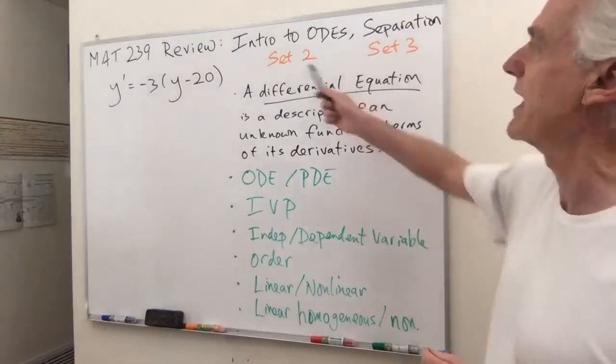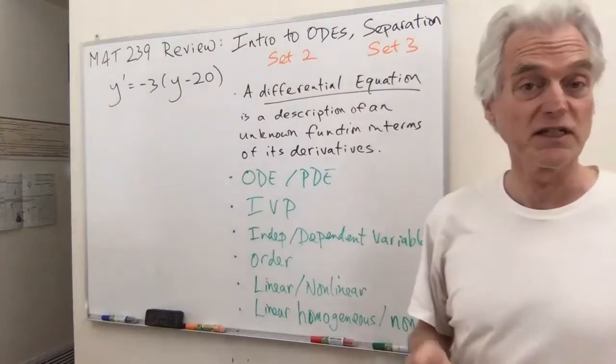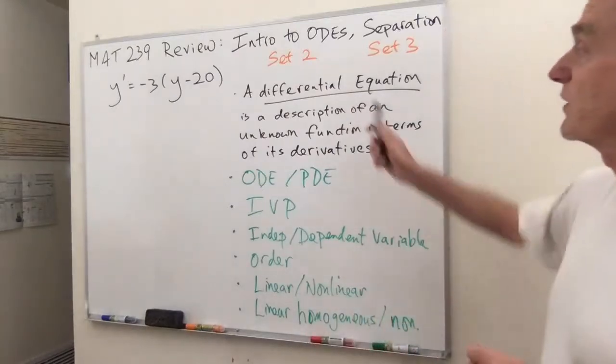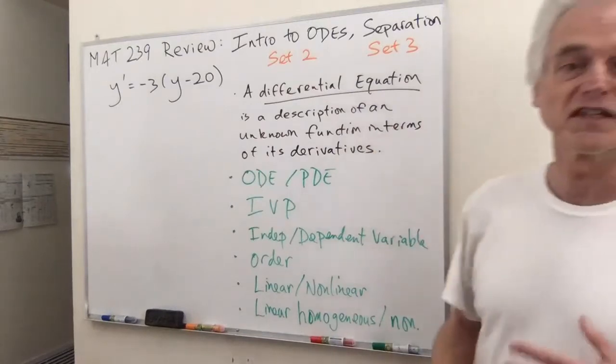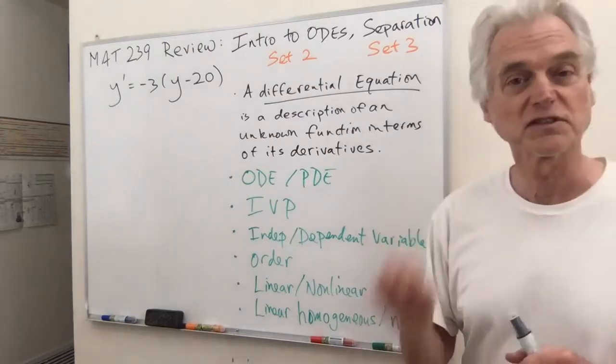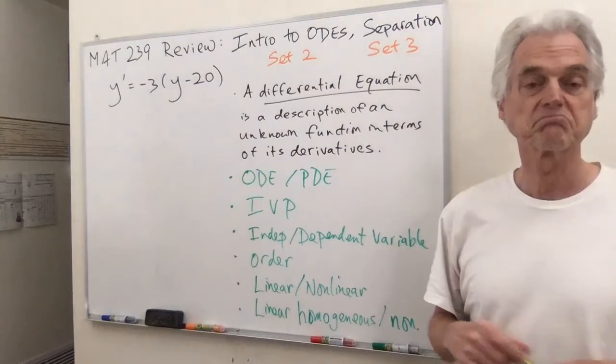So let's start right out and talk about set 2, Introduction to ODEs, and set 3, Separation of Variables. First, I want to give this definition. A differential equation is a description of an unknown function in terms of its derivatives.